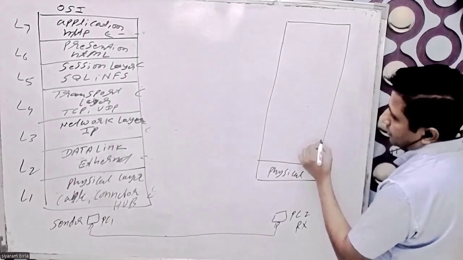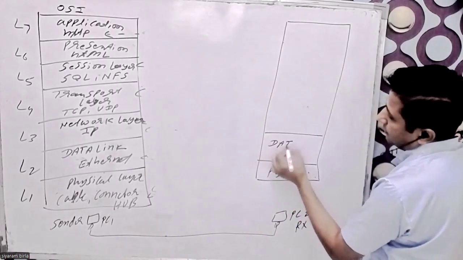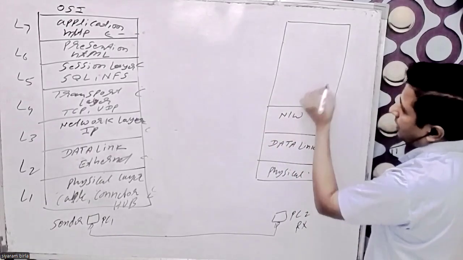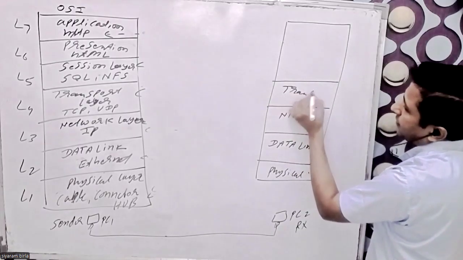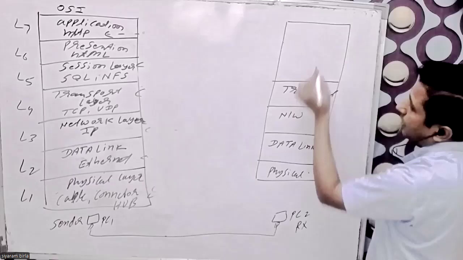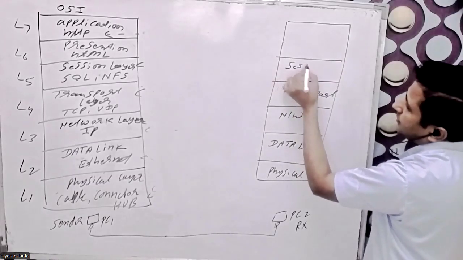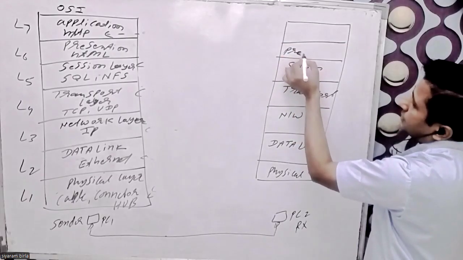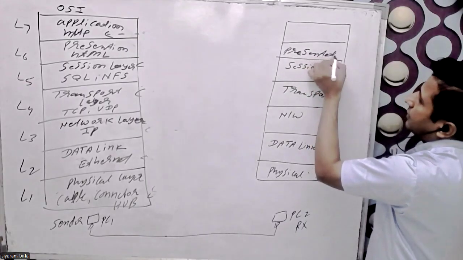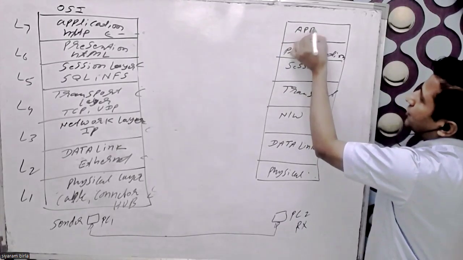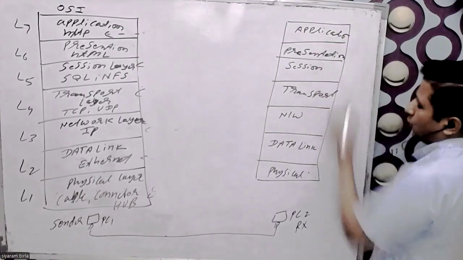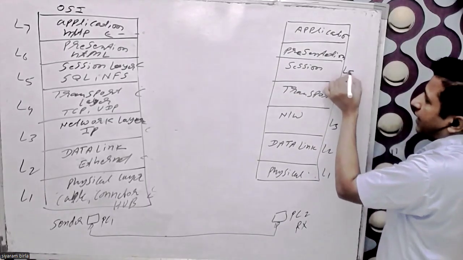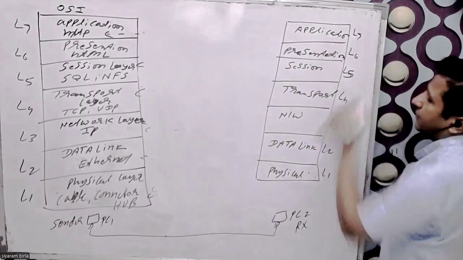This is the physical layer, this is the data link layer, this is the network layer, this is the transport layer, this is the session layer, this is the presentation layer, and this is the application layer. So this is layer 1, layer 2, layer 3, layer 4, layer 5, layer 6, layer 7.